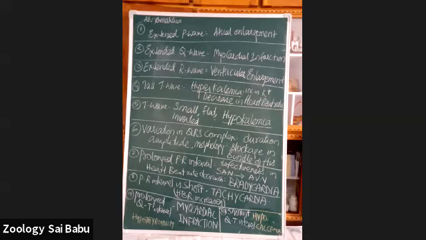That blockage is responsible for non-transmission of the impulse from the bundle of His to the Purkinje fibers. As a result, the ventricular contraction will be defective.